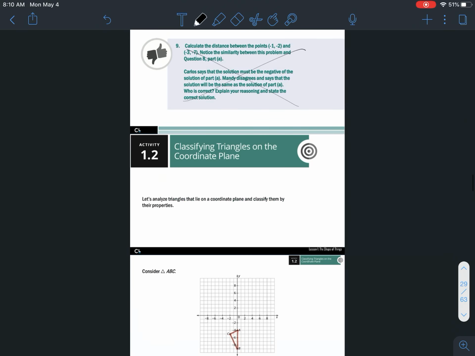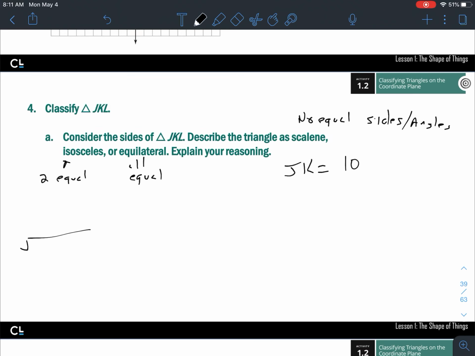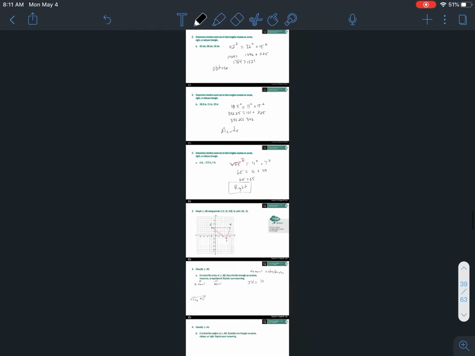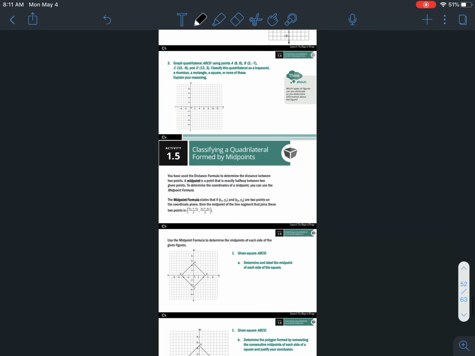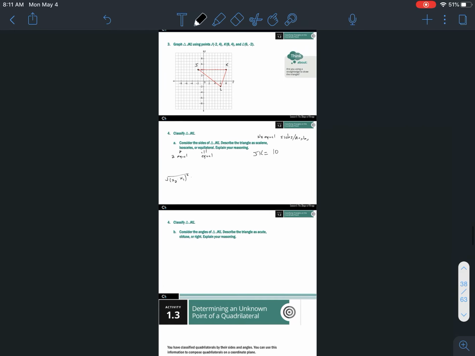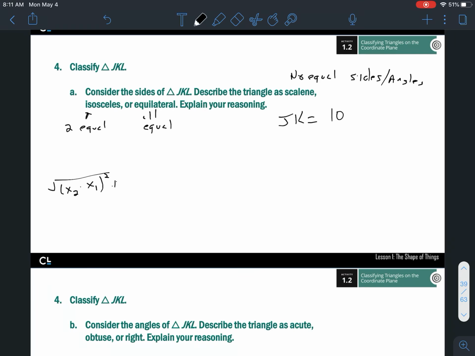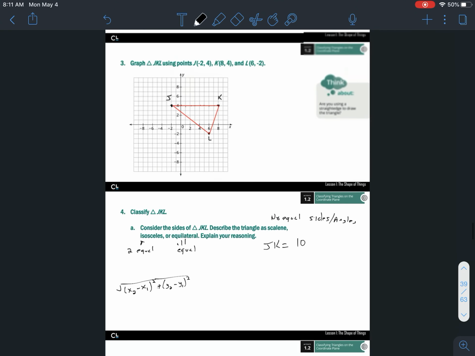So square root of (x2 minus x1) squared, plus (y2 minus y1) squared.